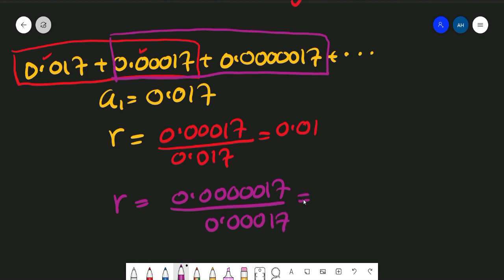Now this ratio also gives 0.01. Therefore, it seems like we have a common ratio, that is 0.01, and we have a1 equal to 0.017.